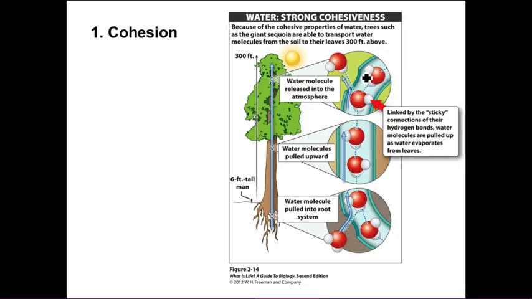There are little tubes inside of the stem or the trunk of a tree that fit water molecules in it. As one water molecule leaves through that little hole, that's called evaporation or transpiration, it is holding hands, or hydrogen bonded, to another water molecule.